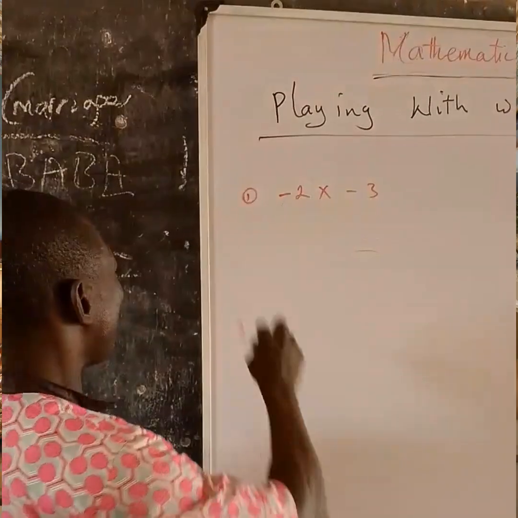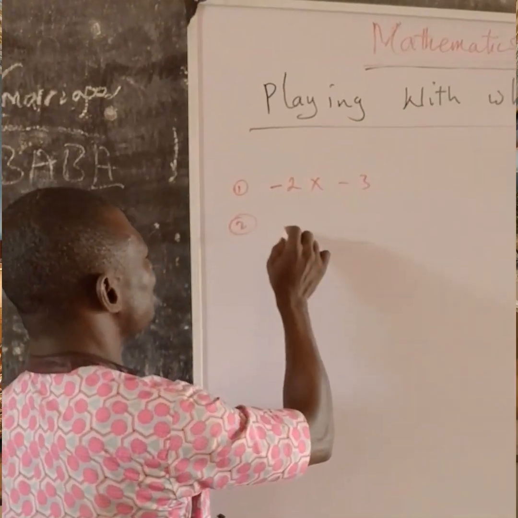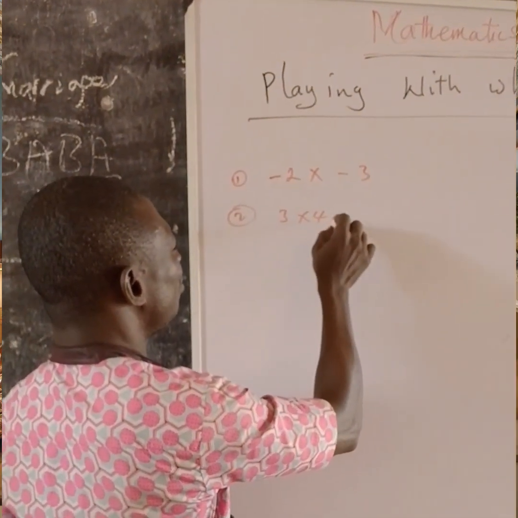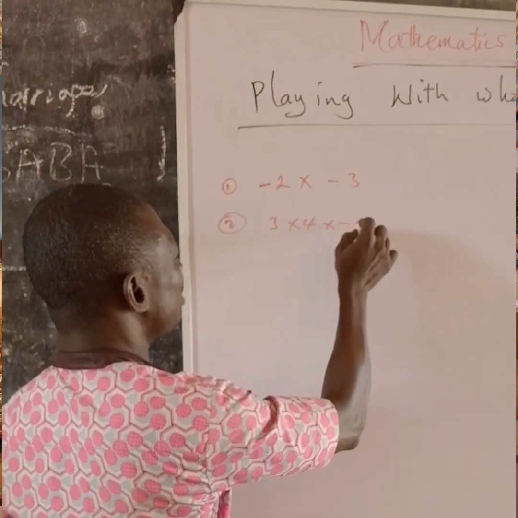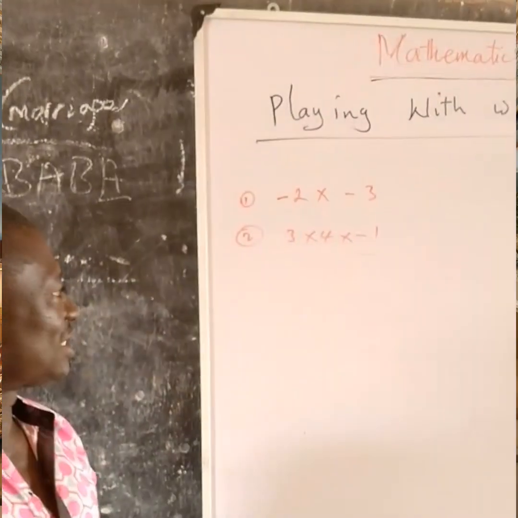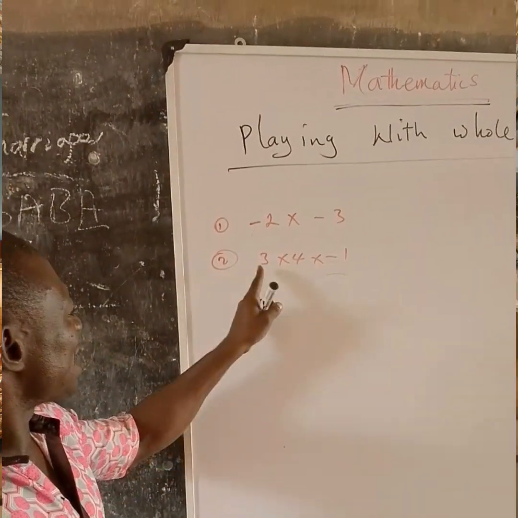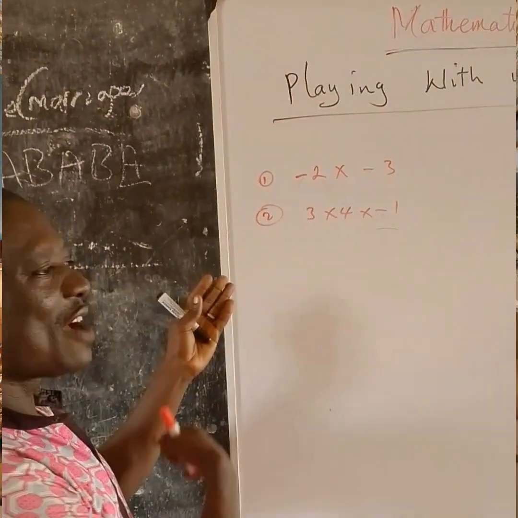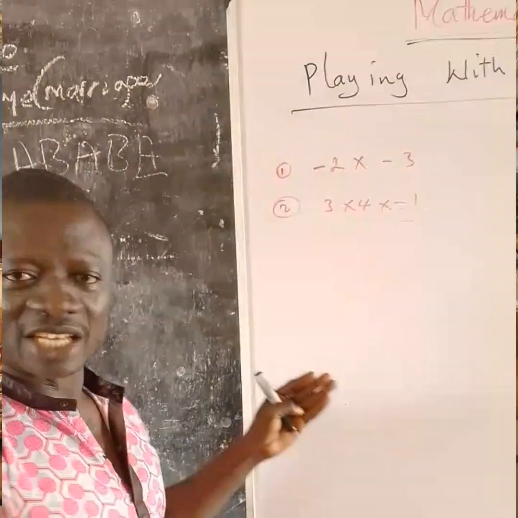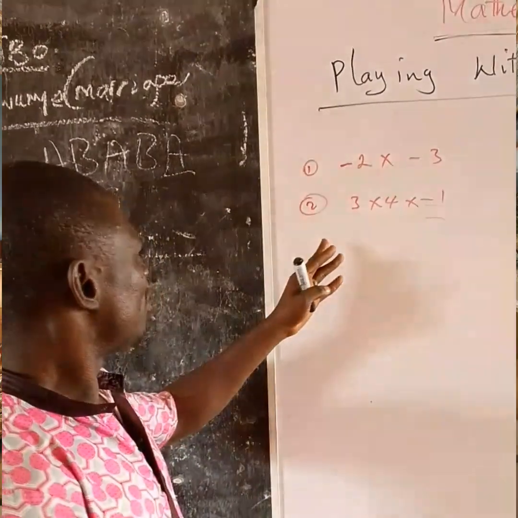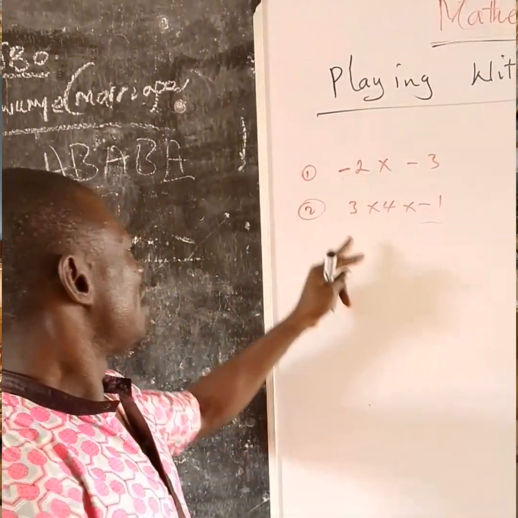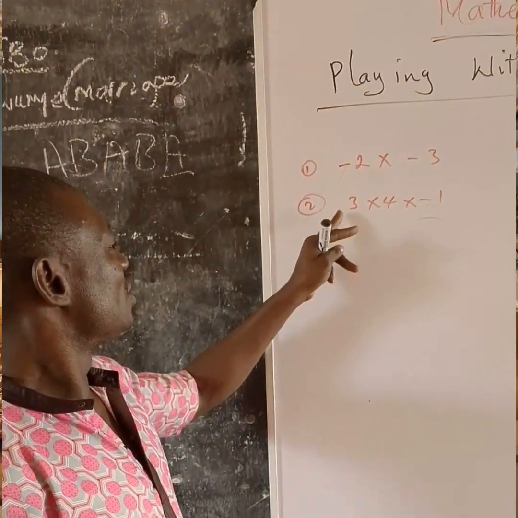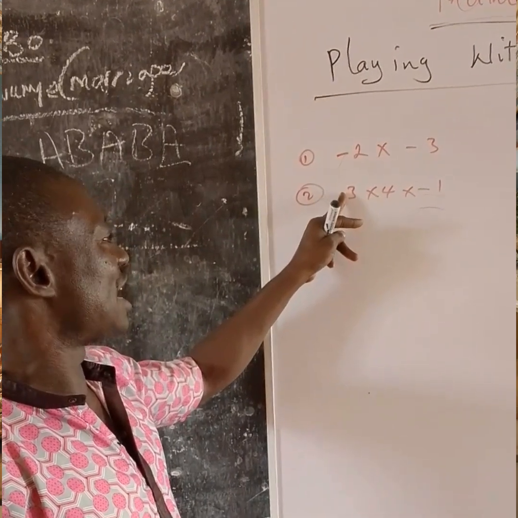But what of when we have example 2 as 3 times 4 times minus 1? The sign that belongs to this 3 is not written anywhere. But since we read from left to right in English language, of course, in mathematics that's what we are doing. The sign that belongs to this 3 is here, it's not written.